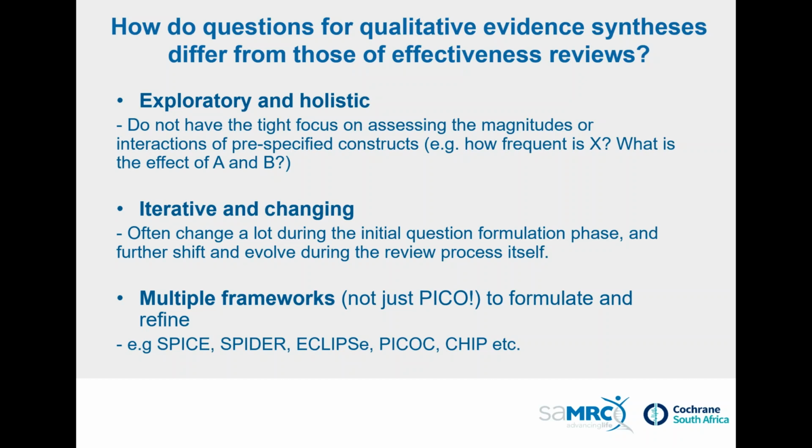And so many other question frameworks have recently been developed and are being used to formulate and refine questions for a qualitative evidence synthesis. So frameworks such as SPICE or SPIDER or ECLIPSE or PeCoDe or CHIP. And I'm going to talk about some of these frameworks later on in the presentation.